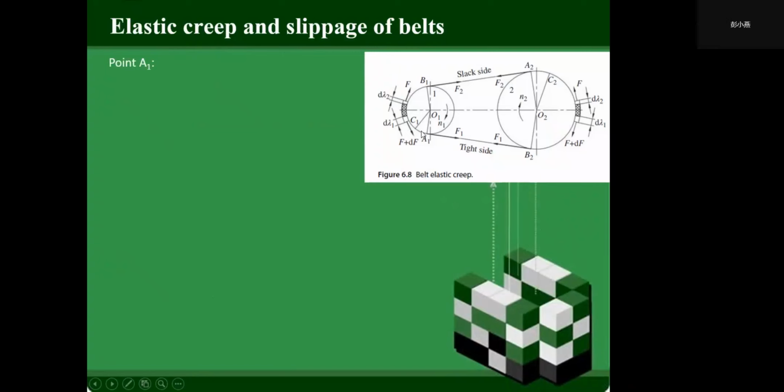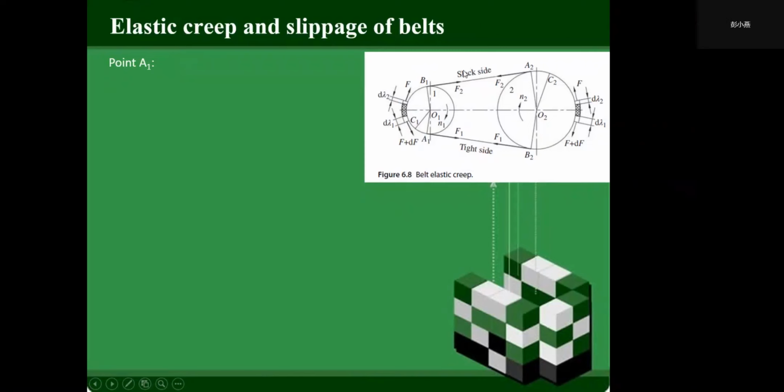The belt first contacts the driving pulley at point A1, with tight tension F1 at speed V. For arc A1C1, there is no change in tension F1 and speed V. For arc C1B1, the tension on a differential belt element close to the tight side is greater than that close to the slack side, because the tension on the tight side is larger than on the slack side.